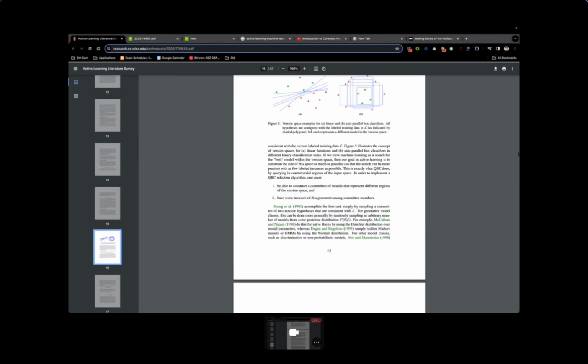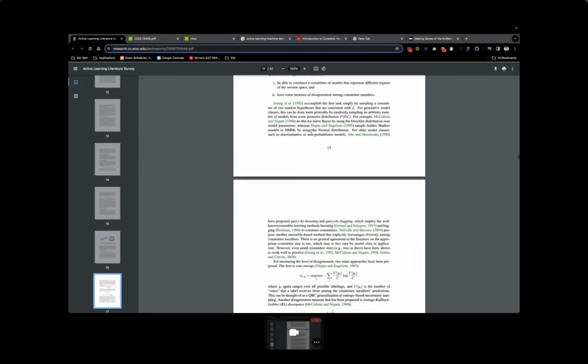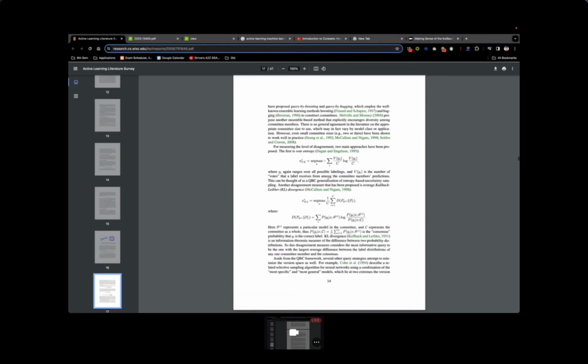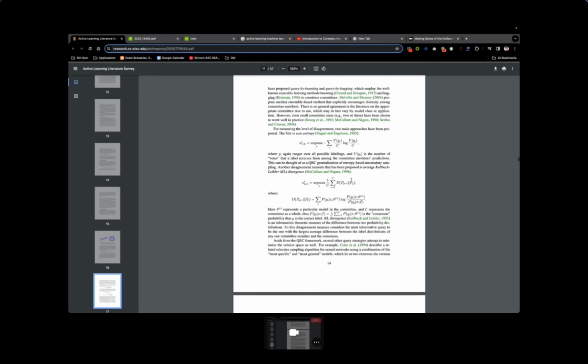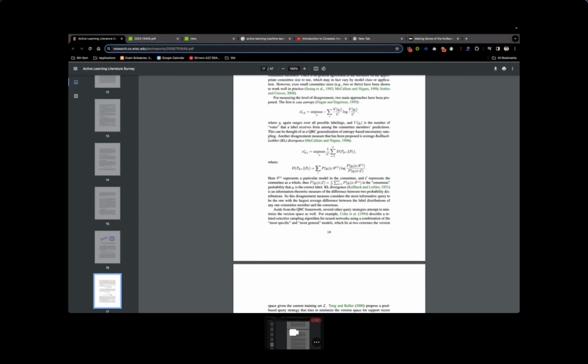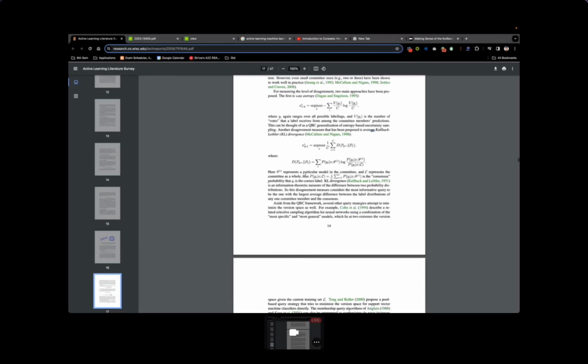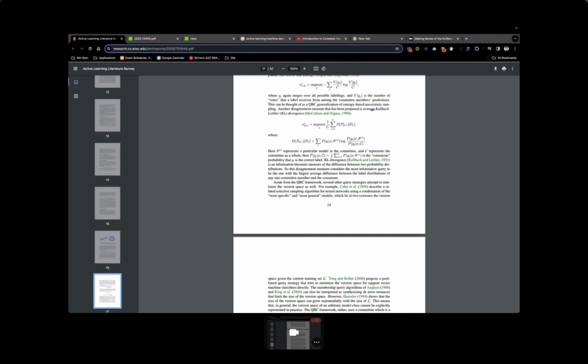Then there are various methods like query by boosting and query by bagging. Two main approaches are the vote entropy, which means that you compute a vote function and then compute vote entropy, or you can use KL divergence also. This disagreement is KL divergence, which is the divergence between the average from the committee and the current one.